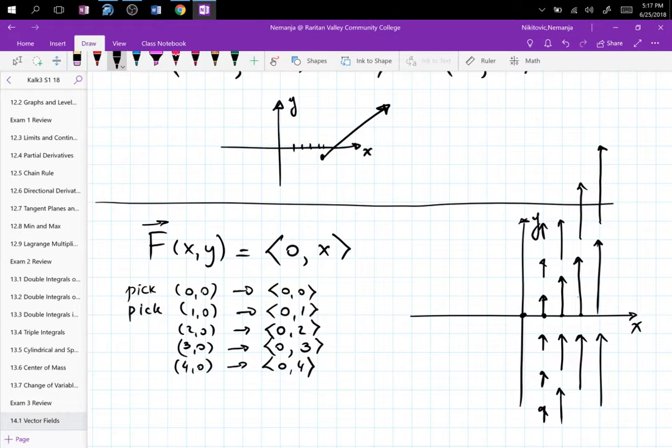So if you look at this, you can see some kind of motion, right? Now if you pick negative values, let's say negative 1, 0, then your vector is 0, negative 1, and that's this. So now along this line, we have a whole bunch of these small vectors like this.